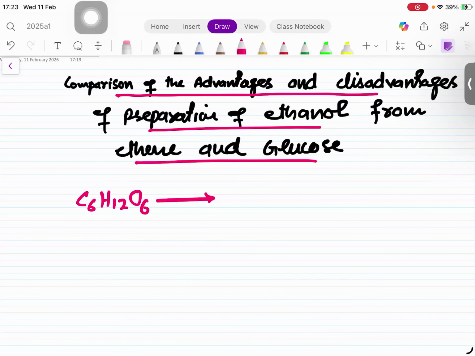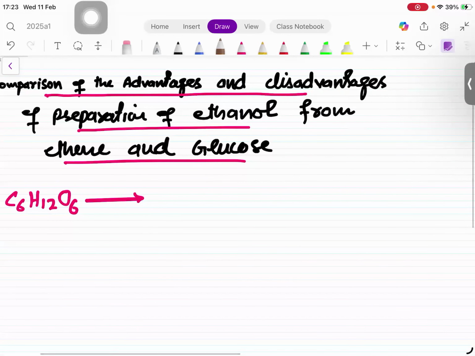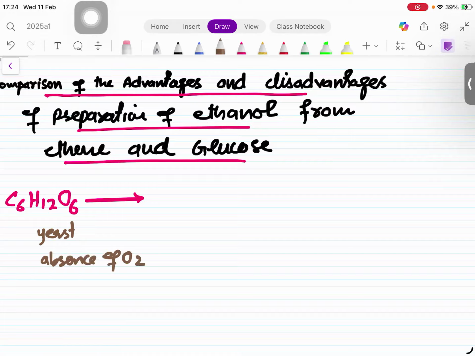If this glucose is placed in a container with yeast, the microorganism produces an enzyme, in the absence of oxygen, at 25 to 35 degrees Celsius temperature. So what happens to this glucose in the presence of these three conditions?